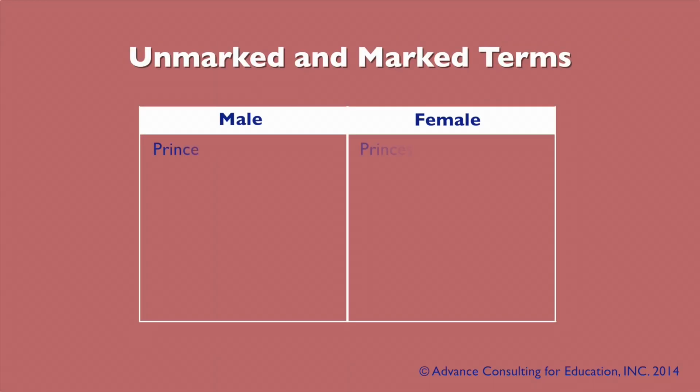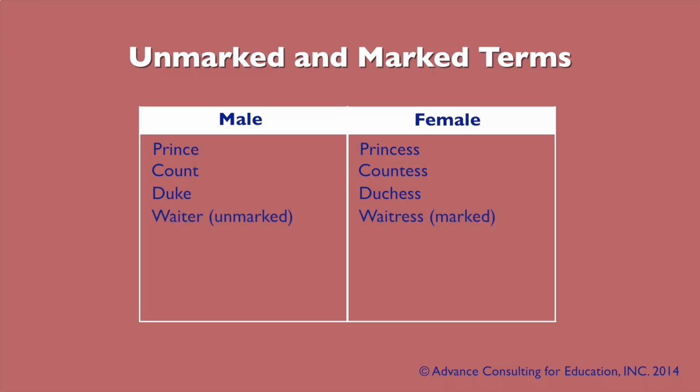We've got the word prince for male and princess for female. And these are exclusively used for male and female, so these are not considered either marked or unmarked. The same is true for count for male and countess for female, and another example, duke for male and duchess for female. These are neither marked nor unmarked. However, when we get into terms like waiter and waitress, this is when we see unmarked and marked come into play.